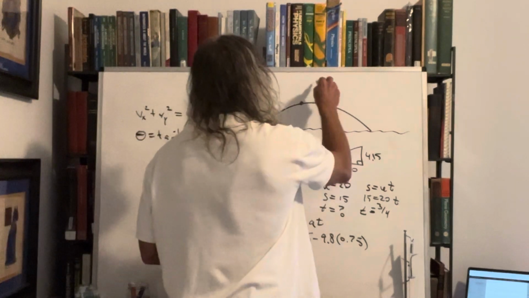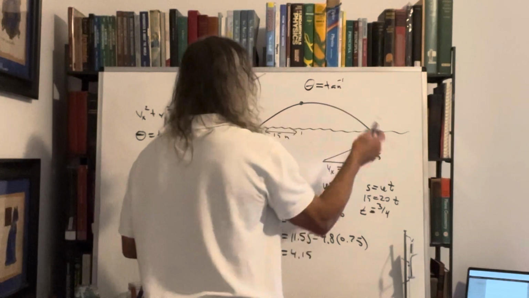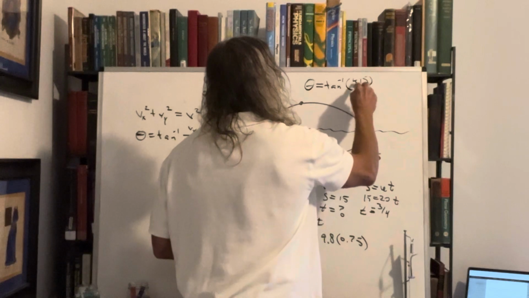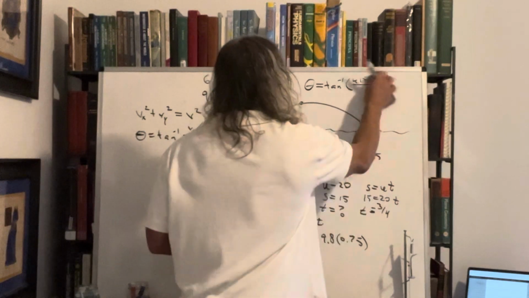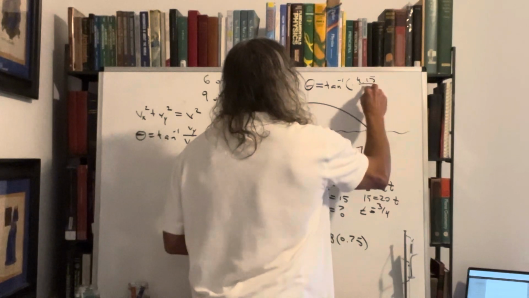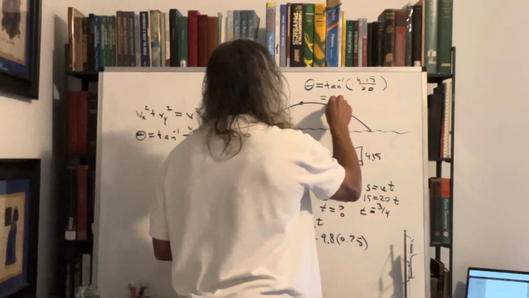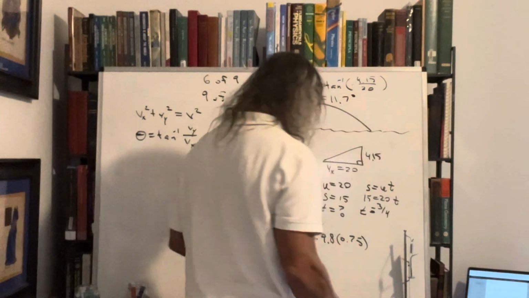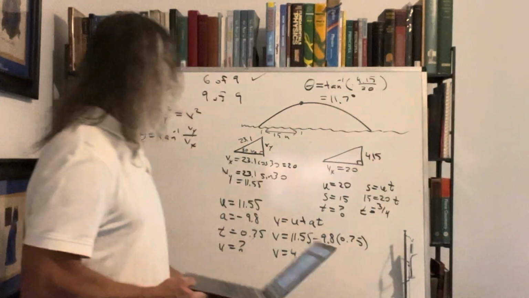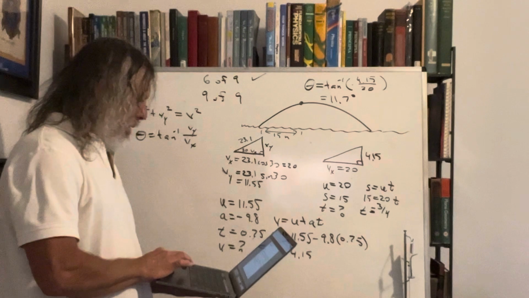So theta is inverse tangent 4.15 over 20, which is 11.7 degrees. Ta-da. Okay. There's one. Food for thought.